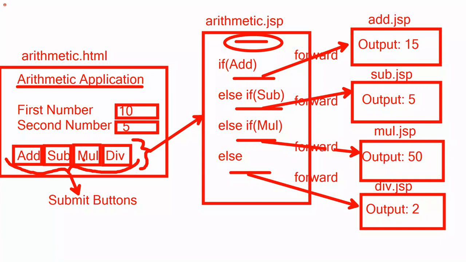But for these four submit buttons you ought to write the same name: operation, with values add, subtraction, multiplication, division. Then request.getParameter operation: whichever button you click, that value is received. We have to check whether the given value is addition or not.